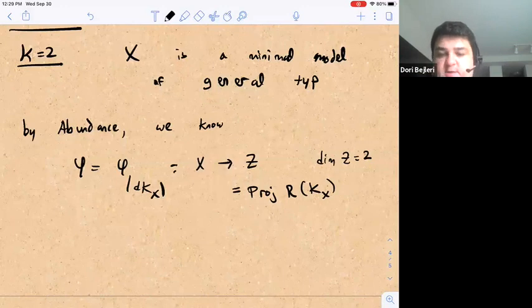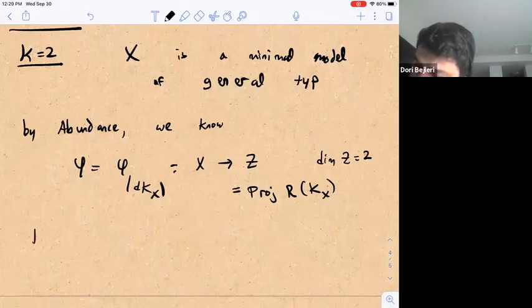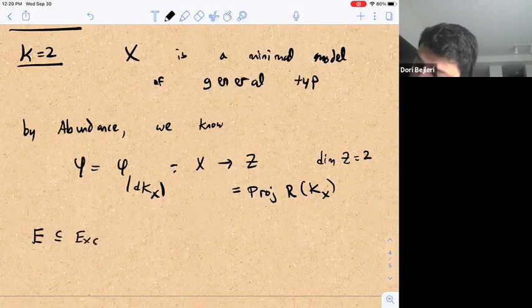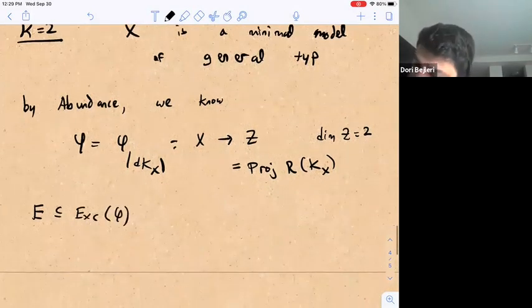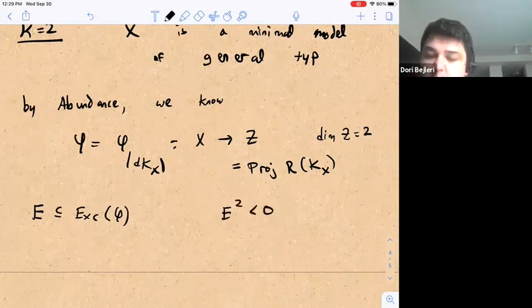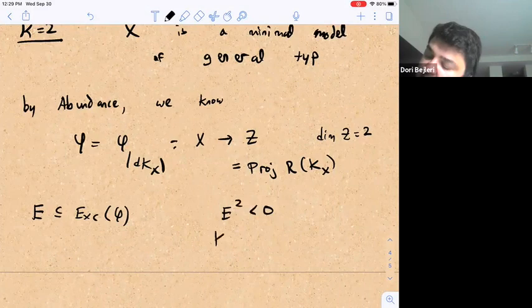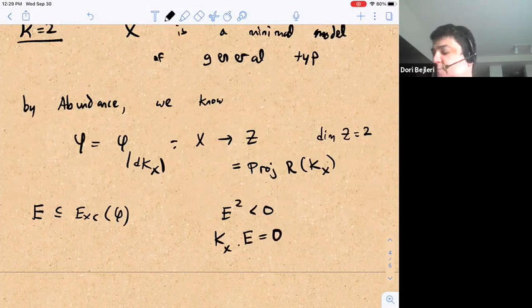Okay, so now we want to analyze the geometry of this Z. So let's suppose we have some exceptional curve E. Well, we know that E squared is less than 0 by Hodge index theorem. And then we also know that KX dot E is exactly 0 because it's the fiber of this base point free linear series that's a multiple of KX.